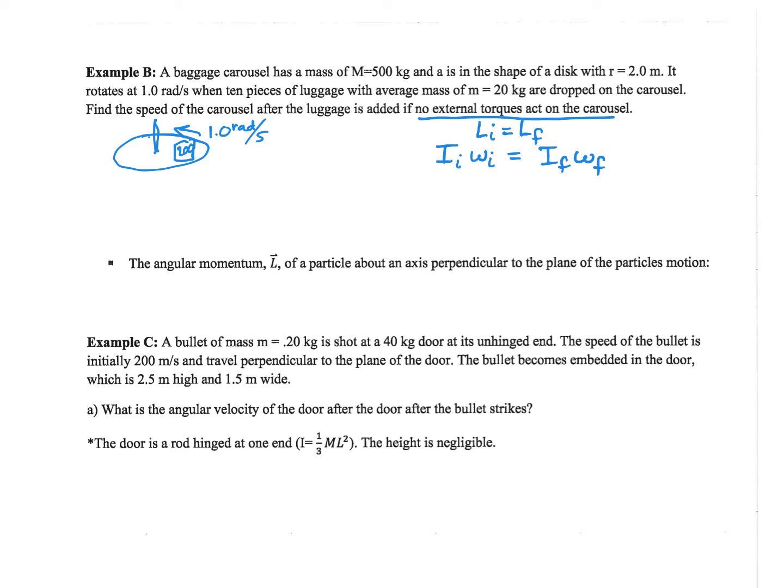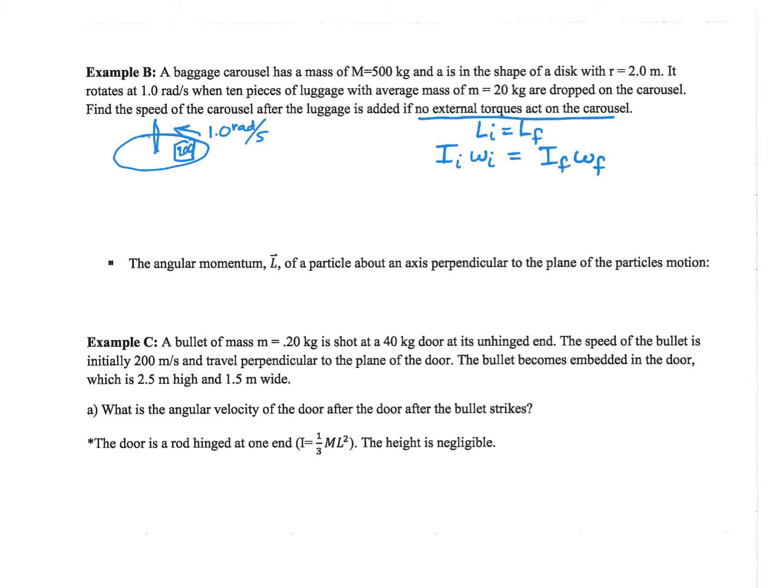Let's find this. So what is the initial inertia? What's the formula for the inertia of a disk? I gave you all those inertia formulas, right? It's 1/2 mr squared, isn't it? A solid disk? 1/2 mr squared.